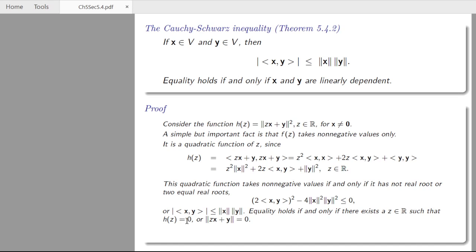What does h of z equals 0 mean? It means the square of the length of zx plus y equals 0. By the first property of inner product, that means zx plus y equals 0. Zx plus y equals 0 means x and y are linearly dependent.